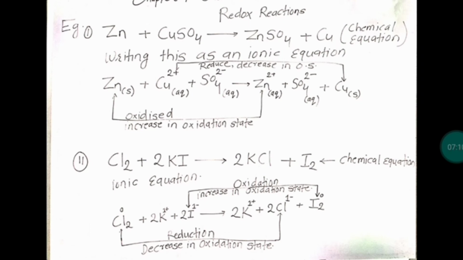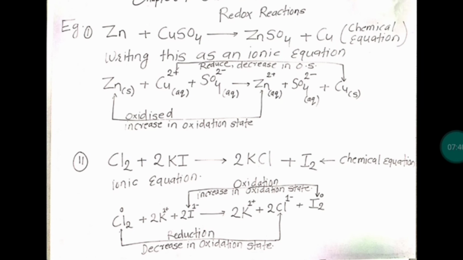If you look here, on the reactant side chlorine has 0, and on the product side it has -1 oxidation state. So there is a 0 to -1 decrease in oxidation state, so this is a reduction. And for iodide, it has -1 oxidation state, and iodine has 0 oxidation state on the product side.